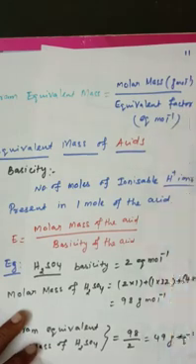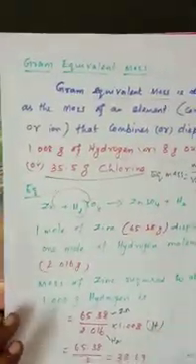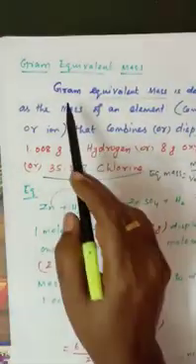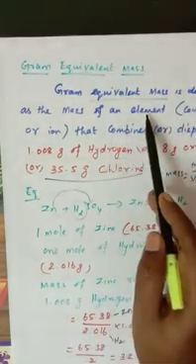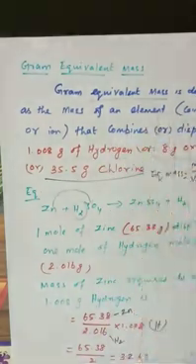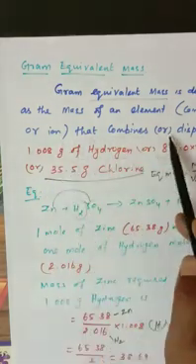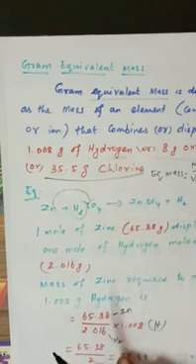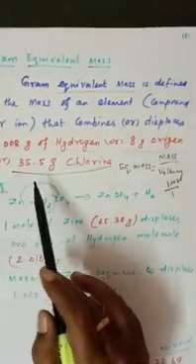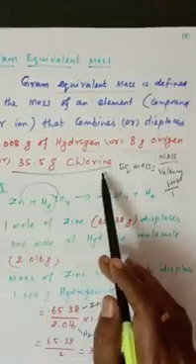Once again I repeat, gram equivalent mass is defined as the mass of an element or ion that combines with or displaces 1.008 grams of hydrogen, 8 grams of oxygen or 35.5 grams of chlorine, right?